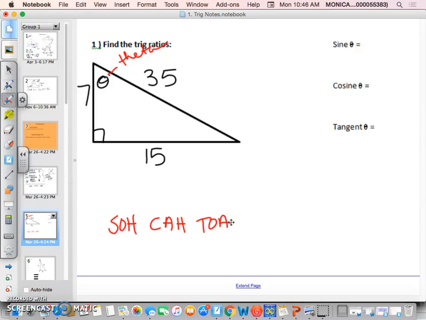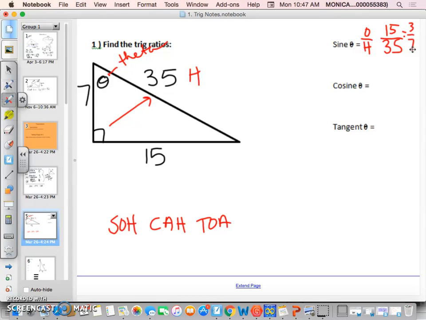Sine is going to be opposite over hypotenuse. If I'm looking for the sine of theta, I look across from theta, and the opposite side is 15. Then I look at the hypotenuse, which is 35 in this problem.